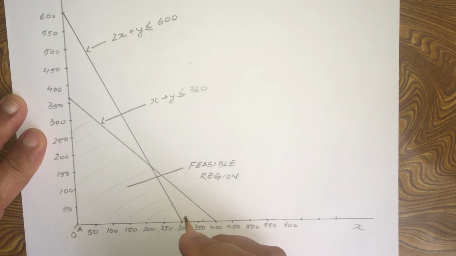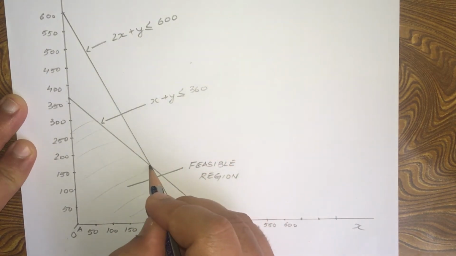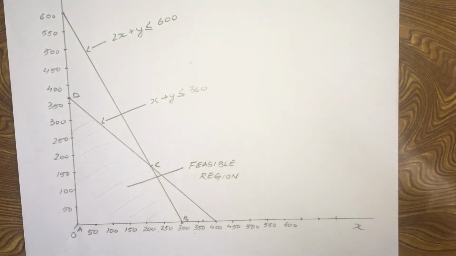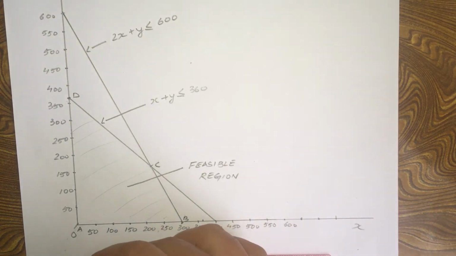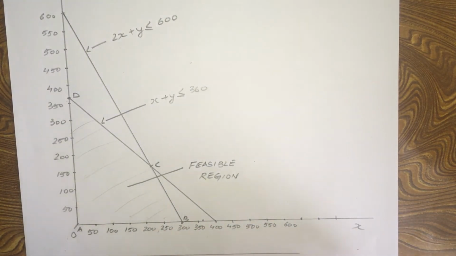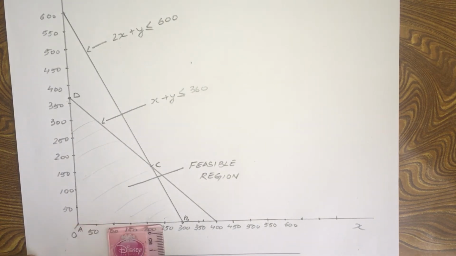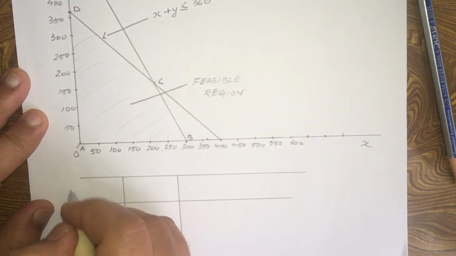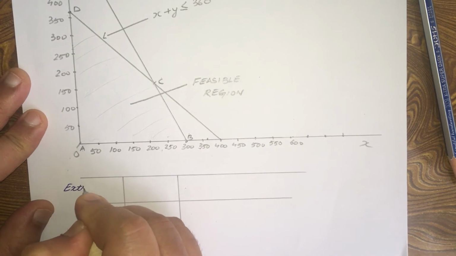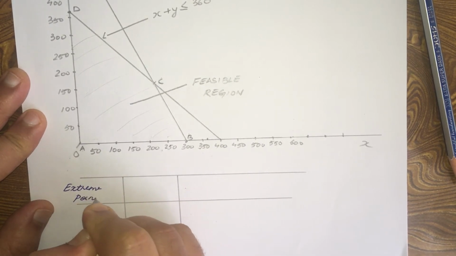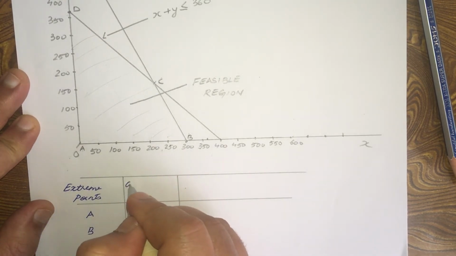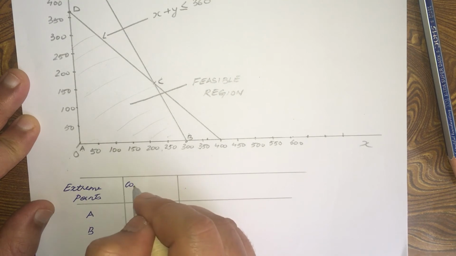You have A, B, C and D. So you have extreme points A, B, C and D. And what are the coordinates of these extreme points or extreme corners?